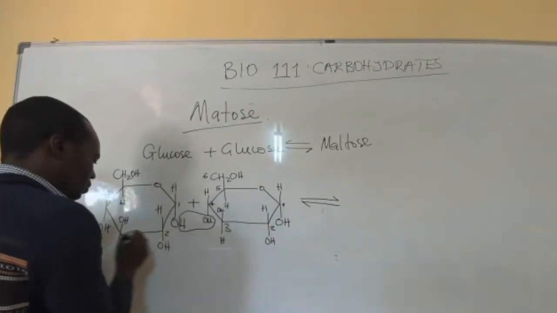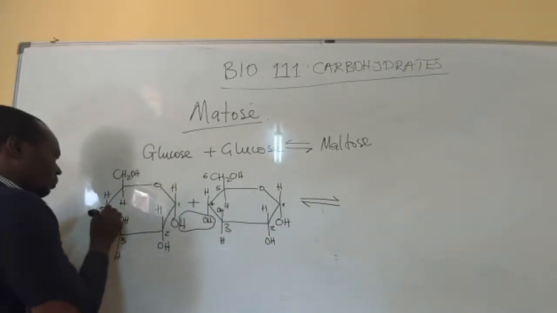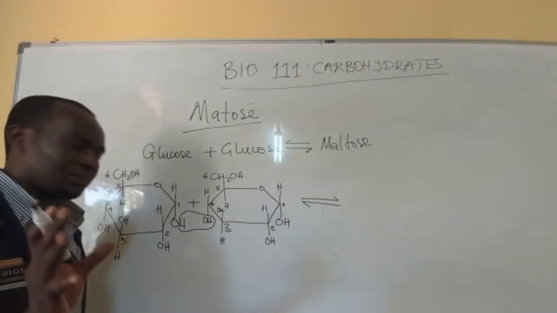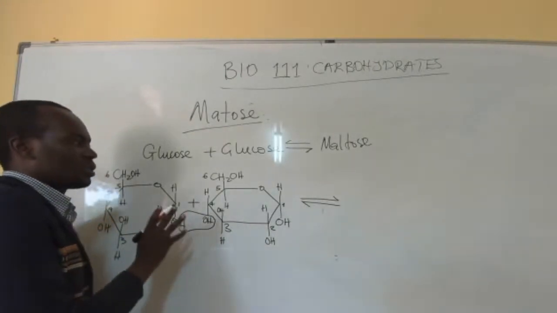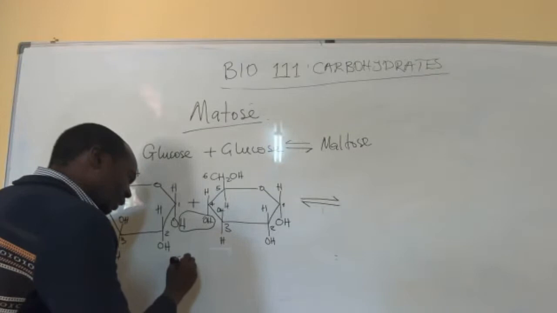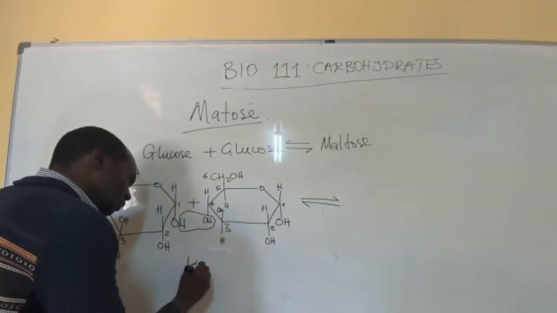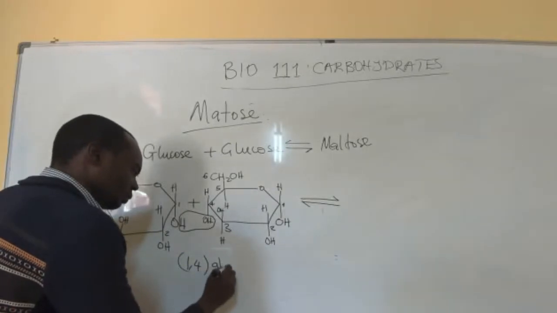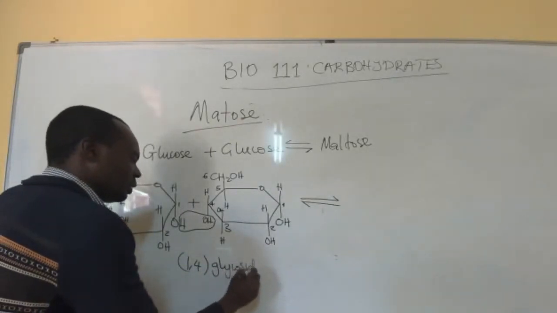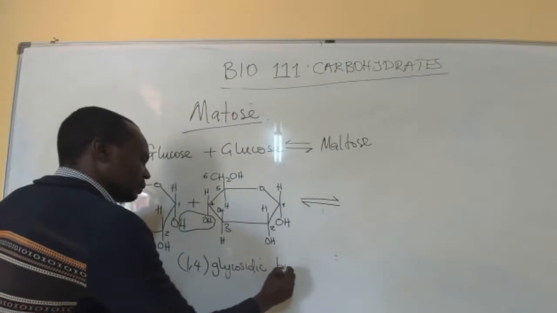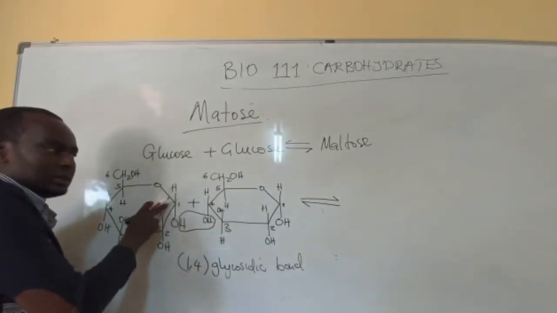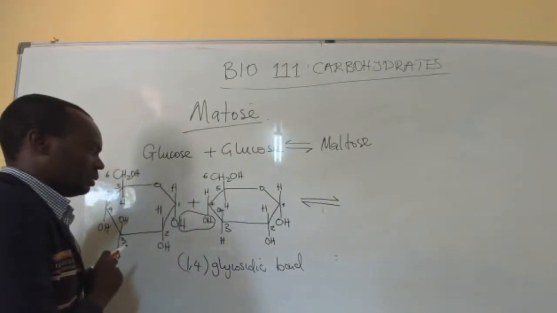Carbon 1, carbon 2, carbon 3, carbon 4, carbon 5, carbon 6. So what will happen is, during this condensation reaction, a 1,4 glycosidic bond will be generated between carbon 1 and carbon 4.